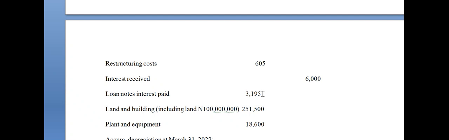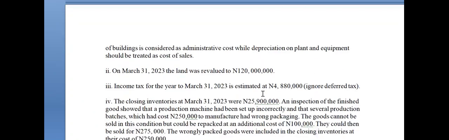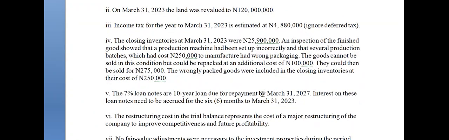This 3,195 is for 6 months. How do I know? Because we were told in additional information 5 that we should accrue for another 6 months. Therefore, the one paid in the trial balance is for 6 months.